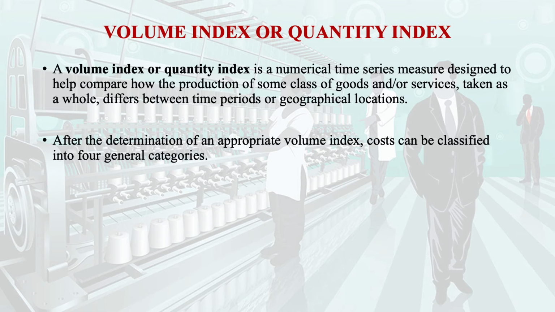or geographical locations. That means if we want to compare two quantities, one produced in Gurugram and one produced in Kolkata, then we will use it, because it takes care of the comparison between geographical locations. Even for production in 2020 or 2018 or 2019, for comparing, we can take the help of volume index.